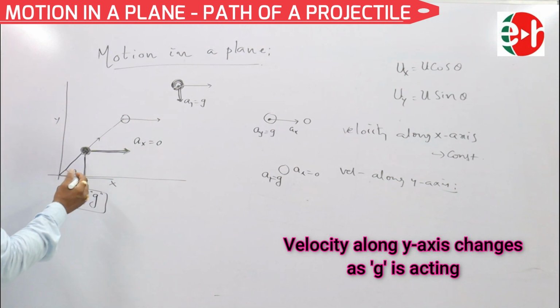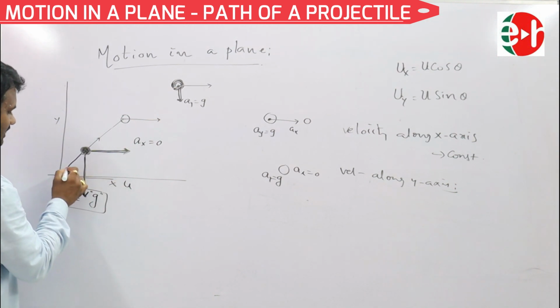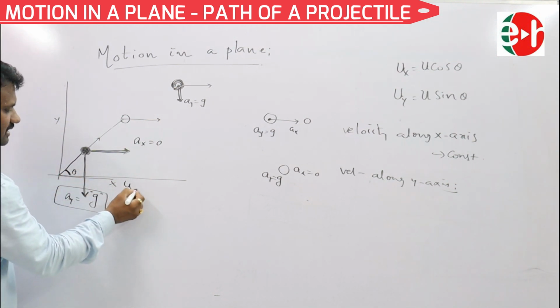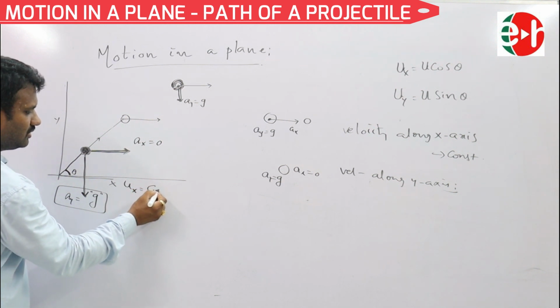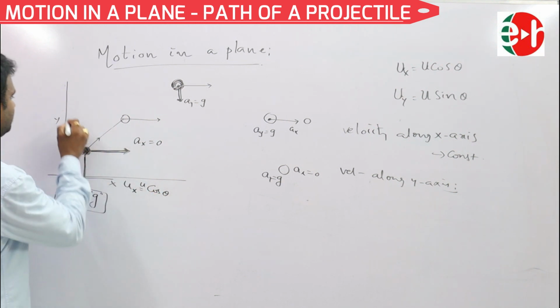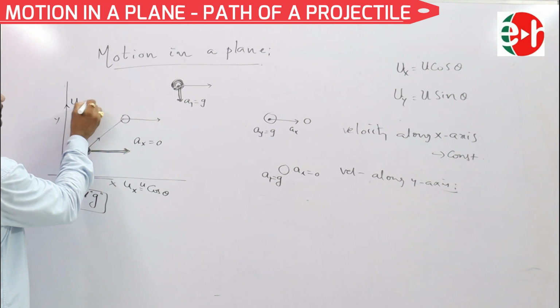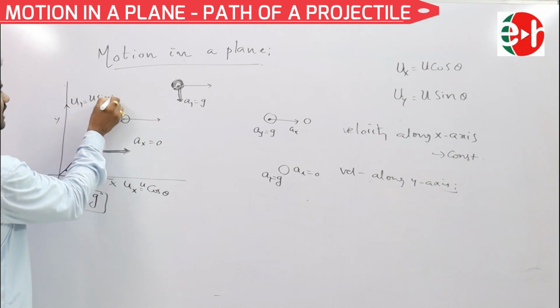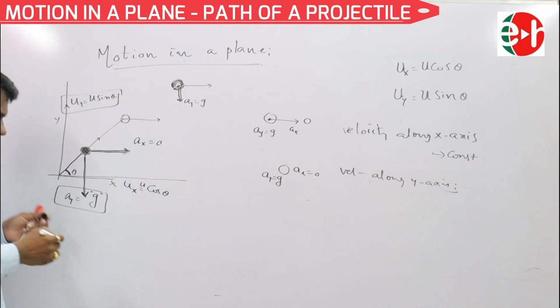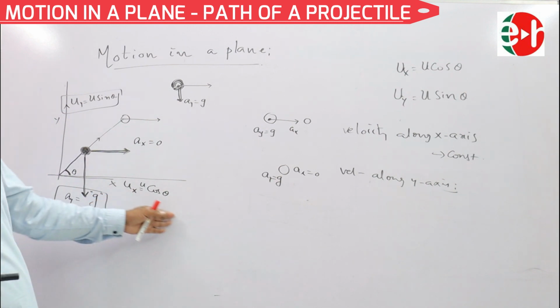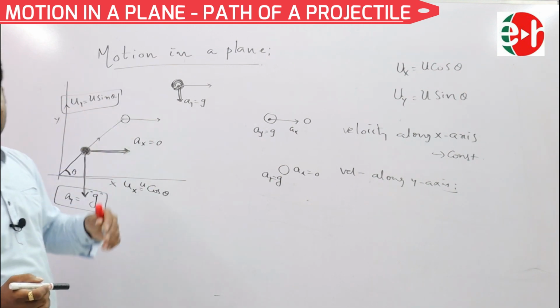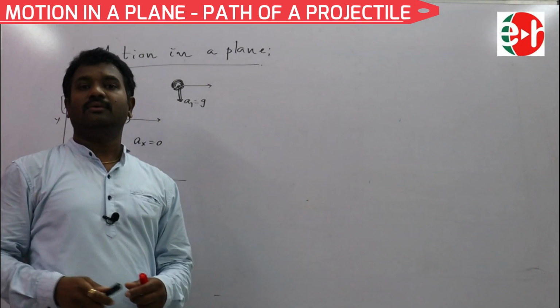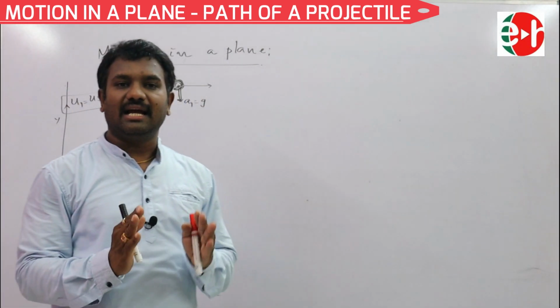Now, what is the velocity along the x-axis? Here we have measured the angle with theta. The adjacent component, ux, is equal to u cos theta, and uy is equal to u sin theta. Now our study is how this u cos theta changes and how this u sin theta changes. So now let us study its motion along the x-axis first.